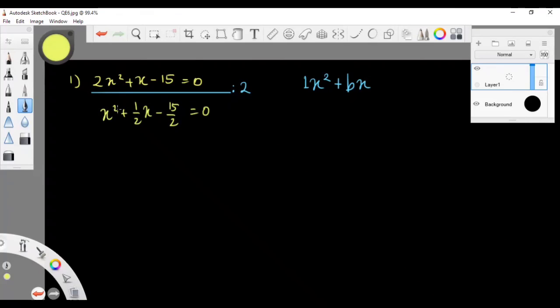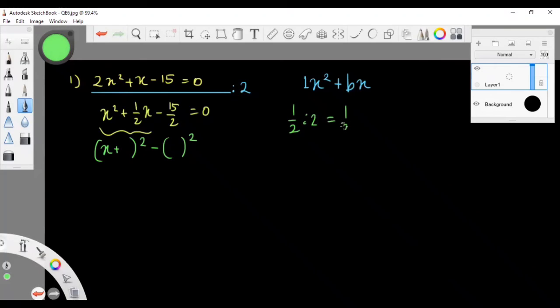And now you may do the complete square method. Again, draw the bracket and focus on the first two terms. So this is x plus, and this will be the harder part, half divided by 2. What is half divided by 2?